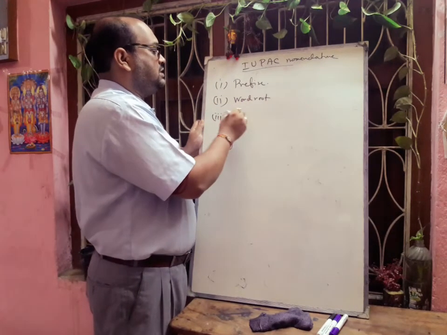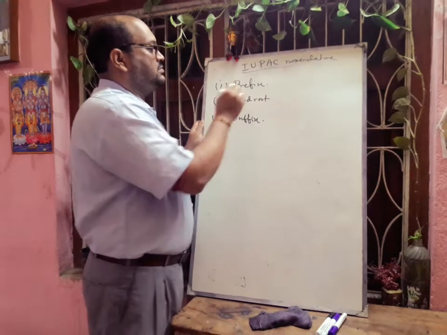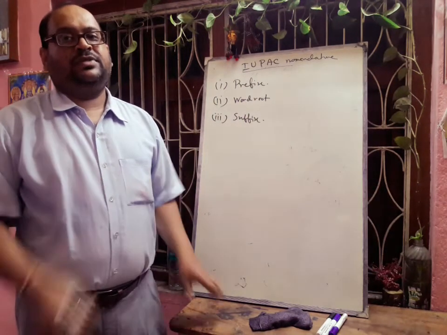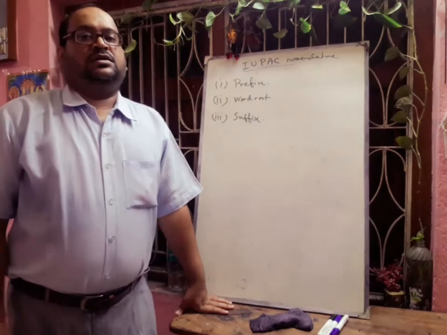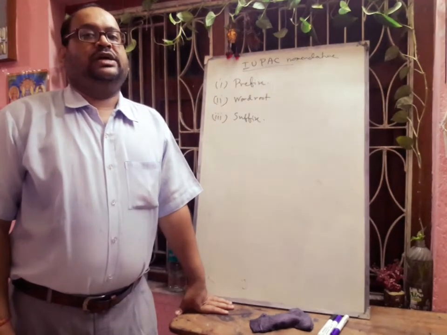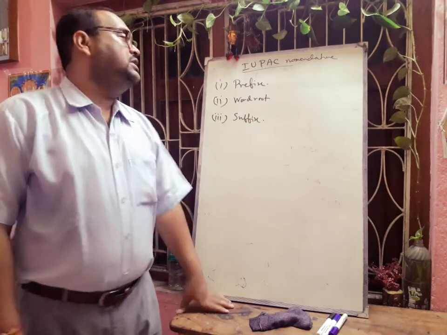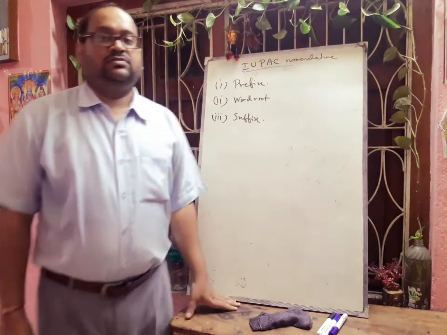And third one is called suffix. The full form, as I just told, is International Union of Pure and Applied Chemistry. First we will discuss the word root, then it will be easier for you.